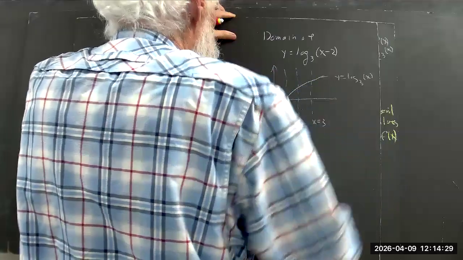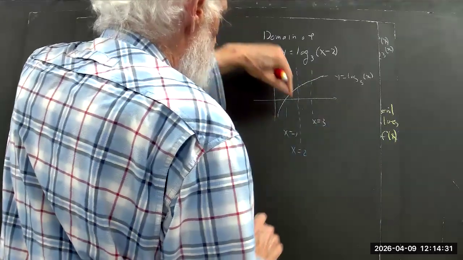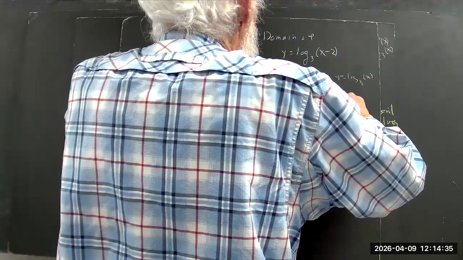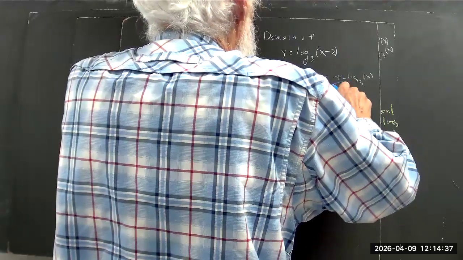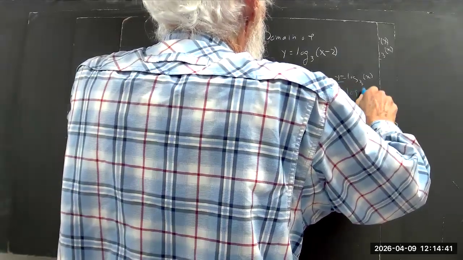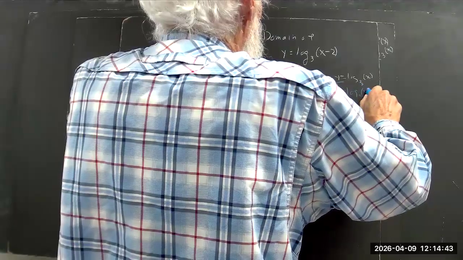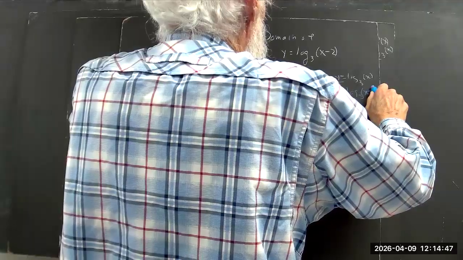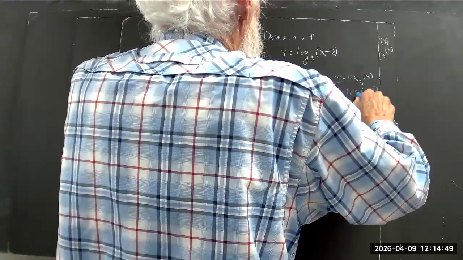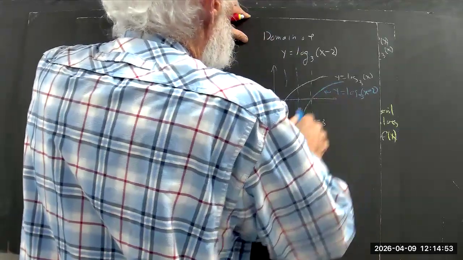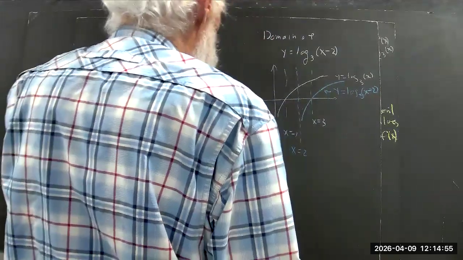So the vertical asymptote, which was the y-axis, shifts to the right. It's a little hard to read, but this is a graph of y equals log base 3 of x minus 2.